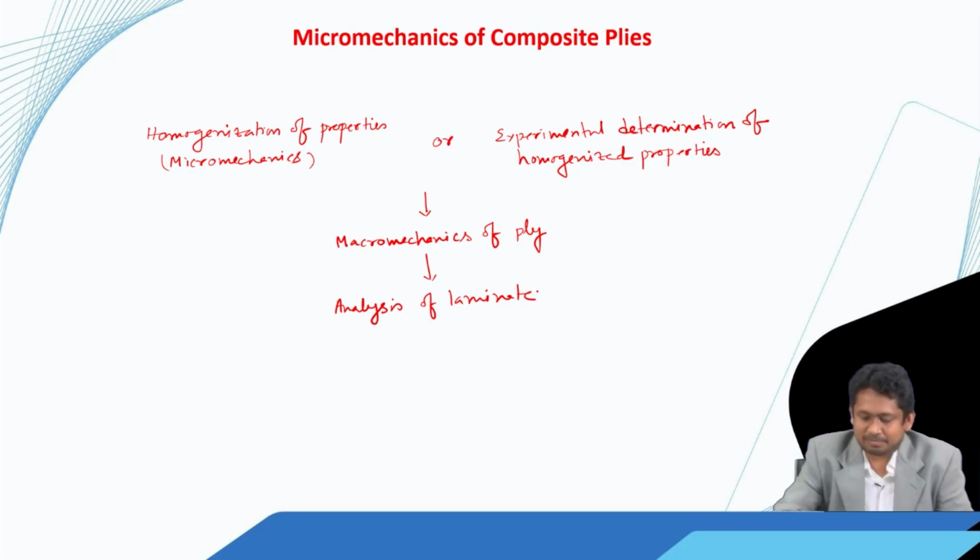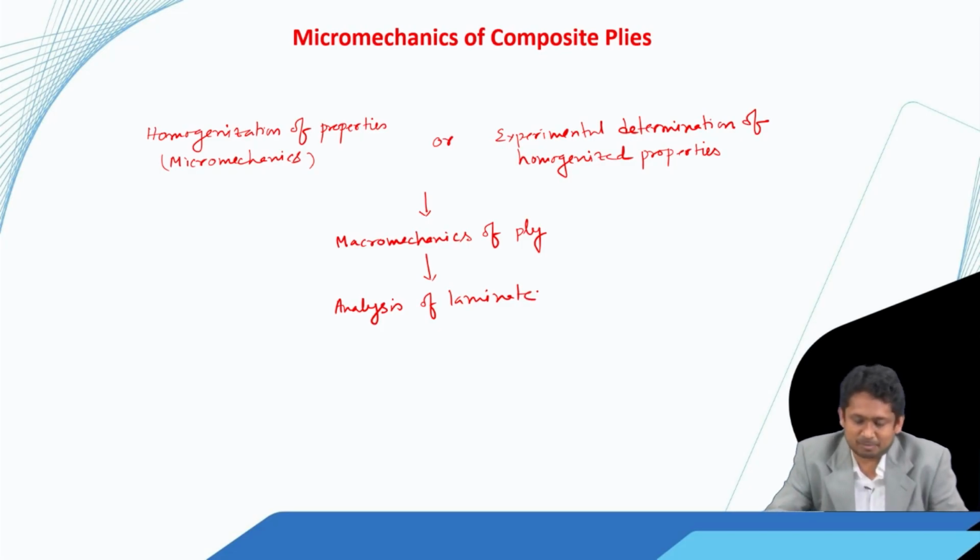So, we have found out the homogenized properties of ply, then we have seen how we can analyze the anisotropic behavior, and after we get the individual anisotropic ply properties, then we can see that how we can analyze a laminate which is made of various plies, and with the possibility that each ply can have different fiber orientation.